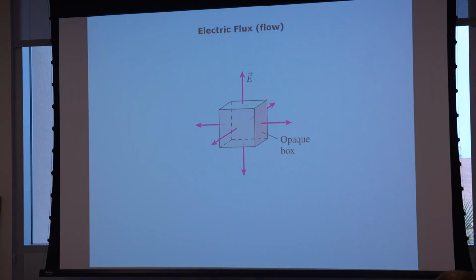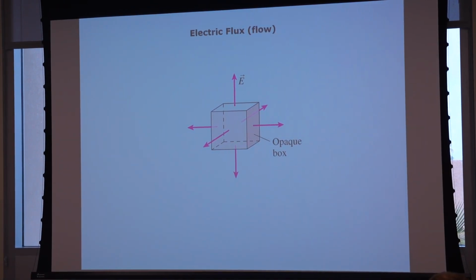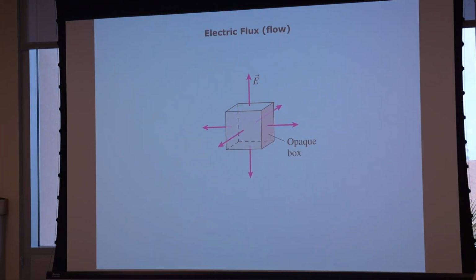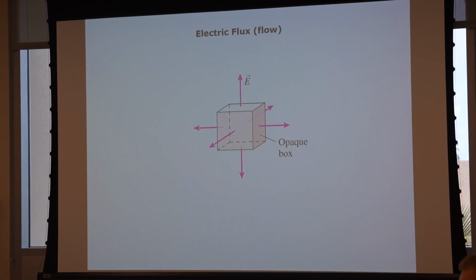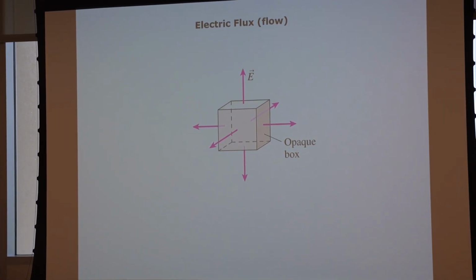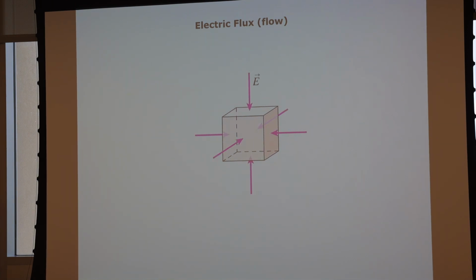Okay. All right, so I have some questions for you. What is the net charge in this box? Positive, negative, or 0? Positive. Why? E fields are going away. Everybody agree? What is the net charge of this one inside?